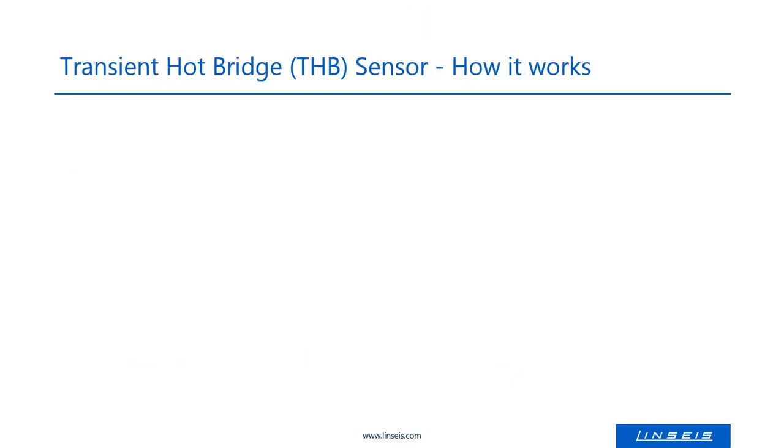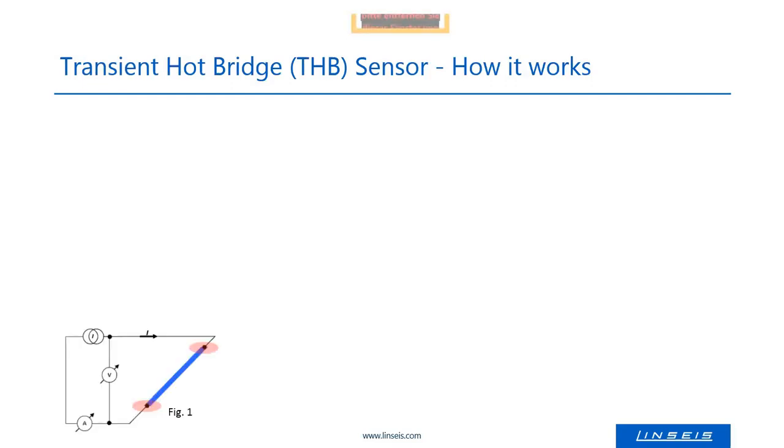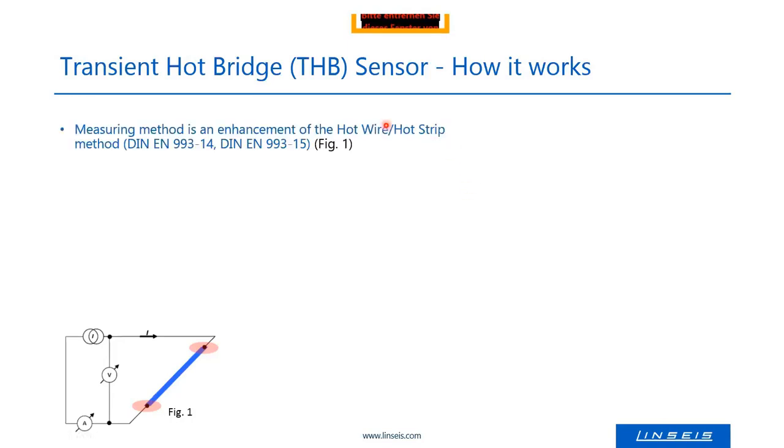So let's have a look on the individual sensors and how they work. The Transient Hot Bridge, the original THB sensor, works like the classical hot wire or hot strip methods. There are a couple of norms for these methods, and the original methods used a single wire.